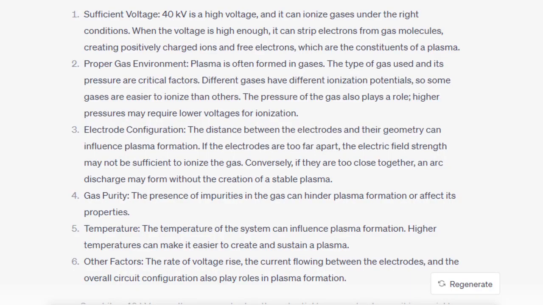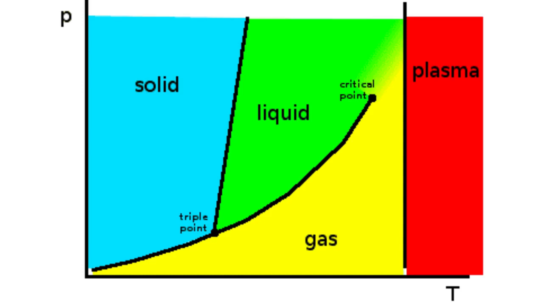Next up is the purity of the gas. The presence of impurities in the gas can hinder plasma formation and affect its properties. The temperature of a system can influence plasma formation. Higher temperatures can make it easier to create and sustain plasma. Other factors, the rate of voltage rise, the current flowing between the electrodes, and the overall circuit configuration also play a role in plasma formation.